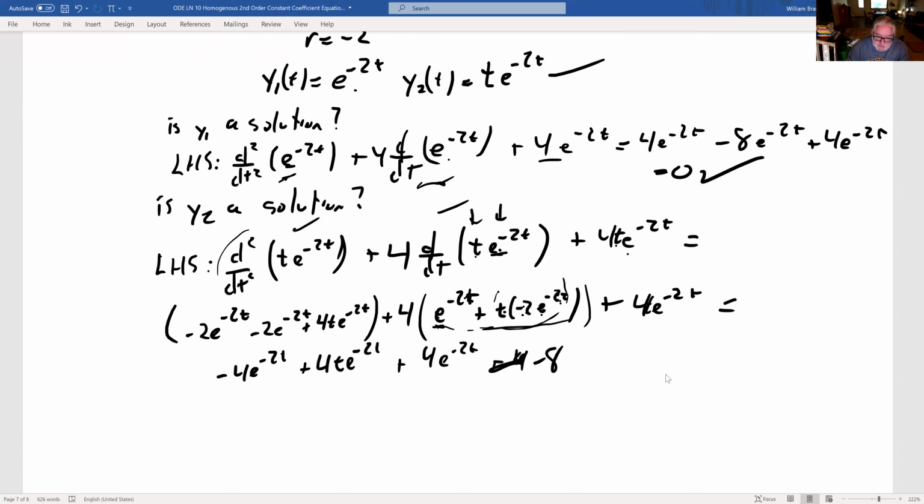Minus 8t e to the minus 2t. That was the 4 times the minus 2. That gives me the minus 8 plus 4t e to the minus 2t. So what have I got here? This and this is 8t e to the minus 2t. That cancels out this. 4 e to the minus 2t and minus 4 e to the minus 2t cancels out that. So we've got our two solutions.